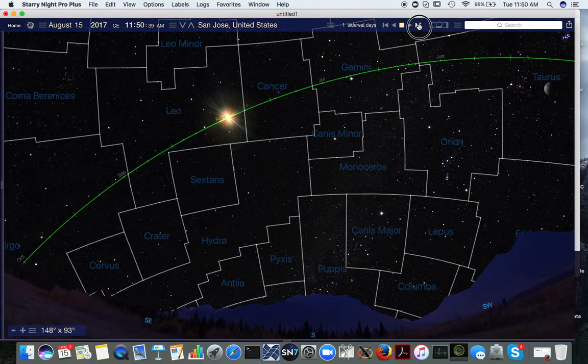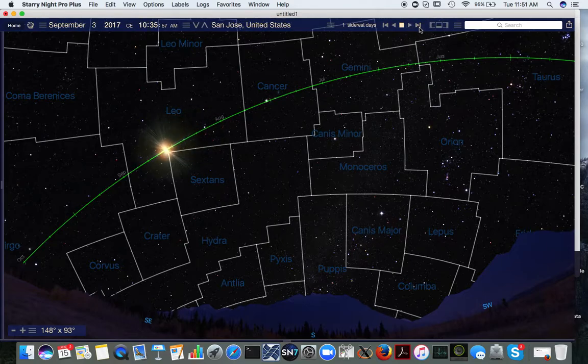One day will pass. What I notice is that as the day goes by, oh, that's the eclipse. Cool, huh? See that? Solar eclipse. As the day goes by, the Sun is slowly seen drifting from west to east with respect to the stars.